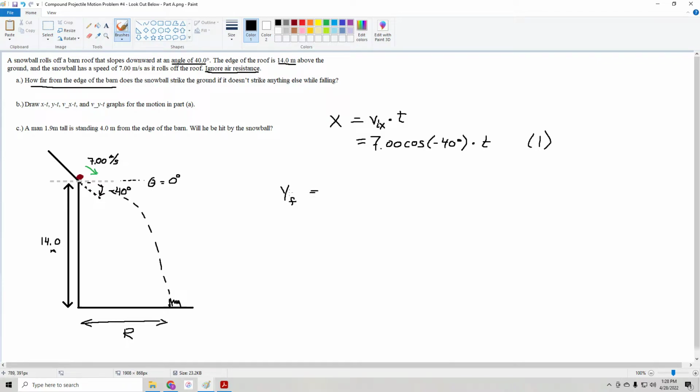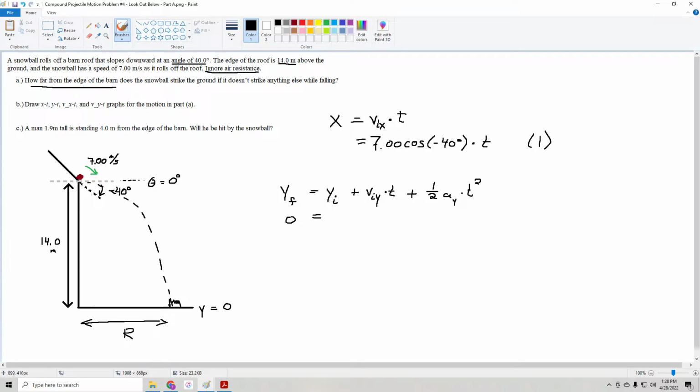The final position in the y direction is equal to the initial position in the y direction plus the initial velocity y component multiplied by time plus 1/2 acceleration occurring in the y direction times time squared. We know that when the snowball hits the ground, that's essentially y is equal to 0. So our final position will be 0.